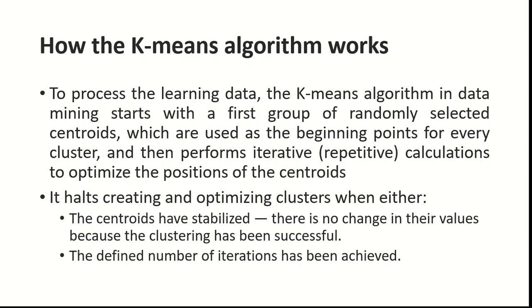The other condition is that the defined number of iterations has been achieved. We may set 1000 iterations, and after 1000 iterations we stop the execution. So these are the two possibilities to stop the iterations: either we reach the maximum iterations, or the centroids reach a stabilized center.